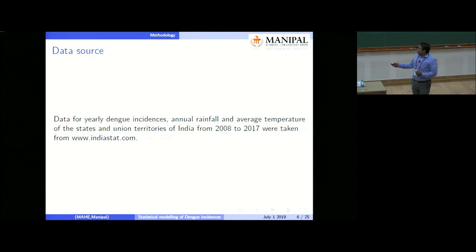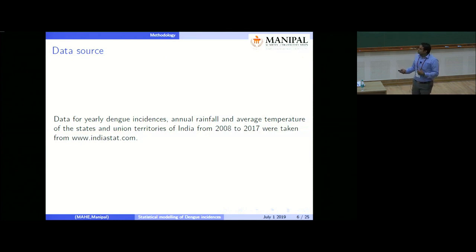We also approached IMD, the India Meteorological Department, also in Pune, to collect data on climatic variables. From our literature search, we came to know that rainfall, temperature, and humidity are known to affect dengue.